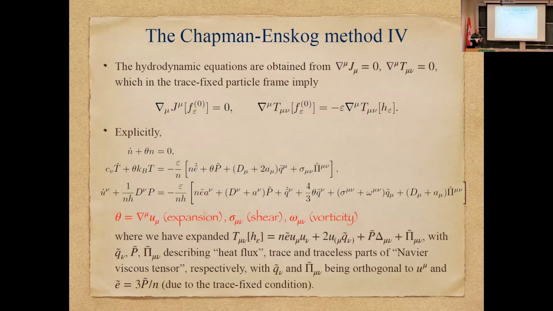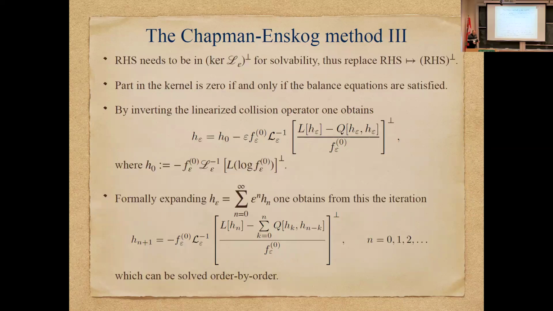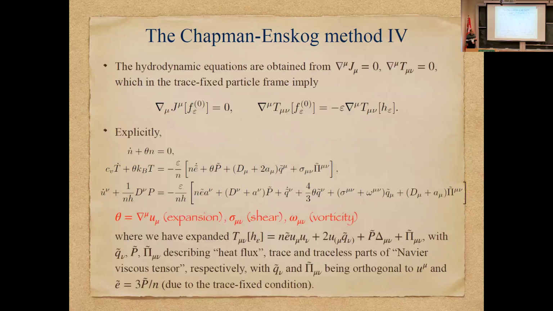It allows you to construct from F0 successively F1, F2, F3, and so on in this Chapman-Enskog approximation. But at the end, remember that this worked under the assumption that you have to impose the balance equations. And this is where your fluid theory will come out.